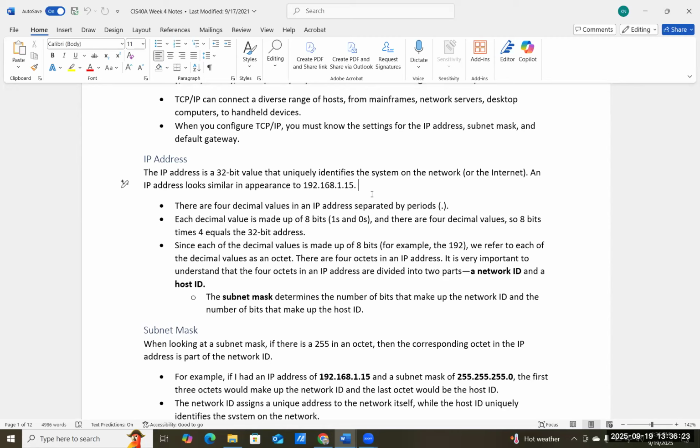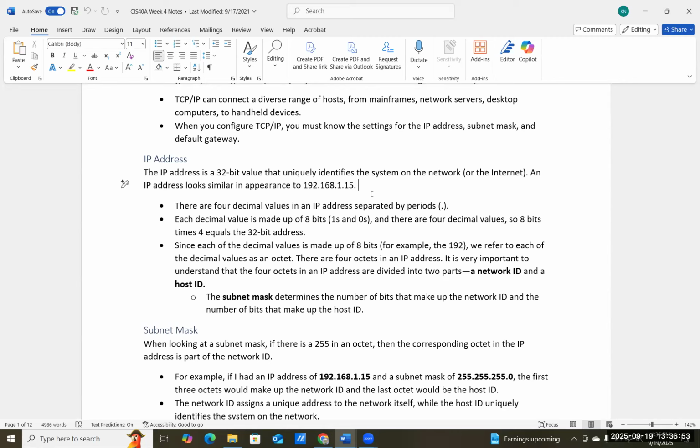But if the system transmits past the router, it has to use a public IP address. And that public IP address is given to you by your service provider. So when you get a smartphone, your smartphone has a public IP address that's given to you by T-Mobile, Verizon, AT&T, etc. And they have a list of IP addresses.